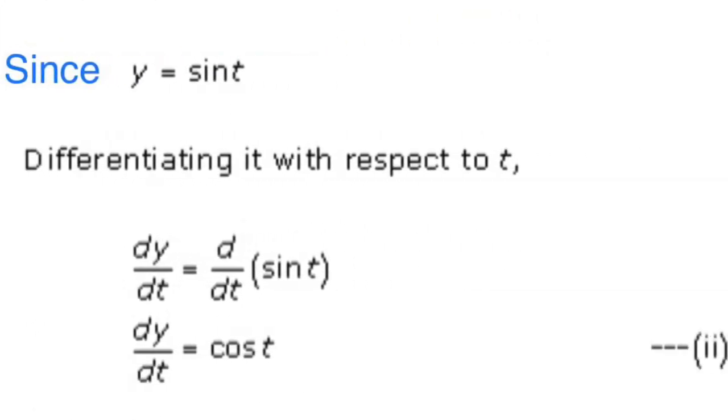Since y equals sin of t, now we are going to differentiate it with respect to t. So we'll get dy upon dt equals d upon dt of sin of t. Since we know that the derivative of sin t is cos t, therefore dy upon dt equals cos of t, which is equation number 2.